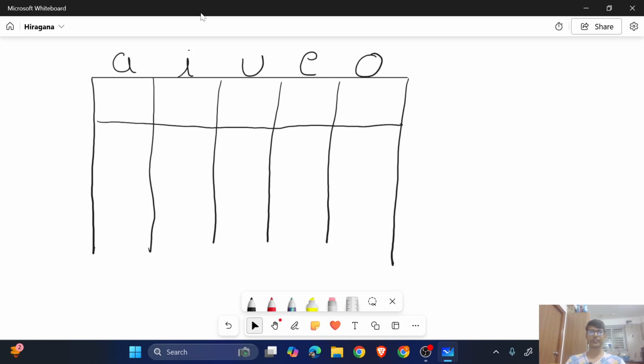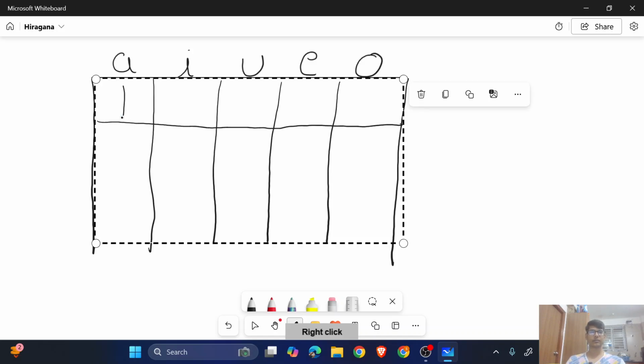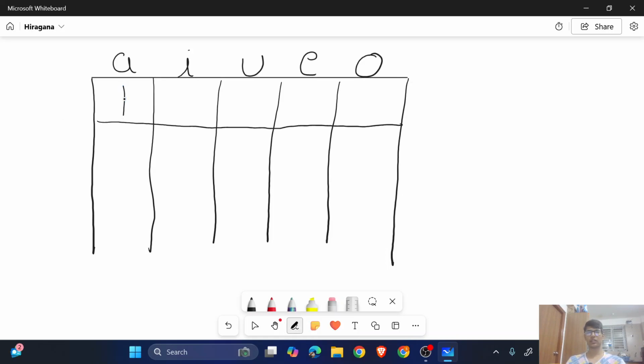These are the vowel rows, which in Japanese are written like this is A, this is E, this is U, this is A, and this is O. This line comprises the vowels that are used in the chart.